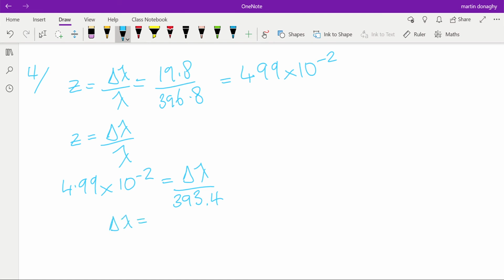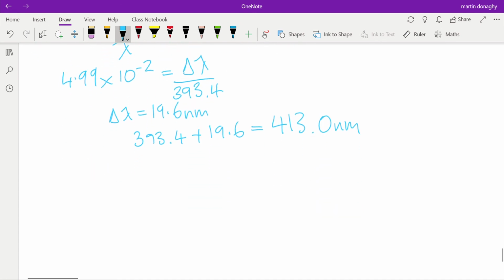Gives us that the difference in our wavelengths will be 19.6 nanometers, but that's not what the question asks. It asks what would be the wavelength of the red shifted value. So it will be shifted by 19.6 nanometers towards the red side, so it'll get bigger, which gives us 413 nanometers.